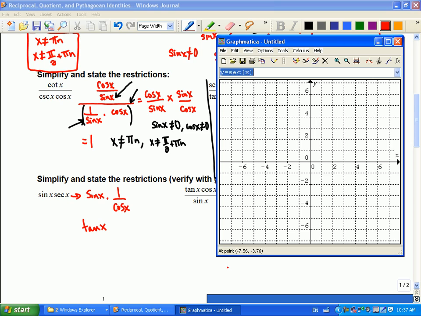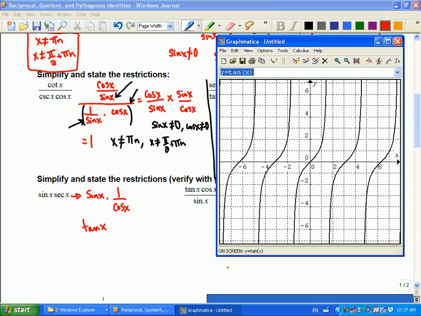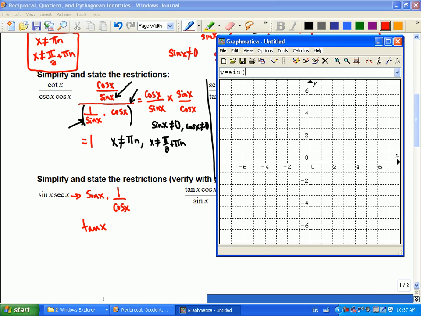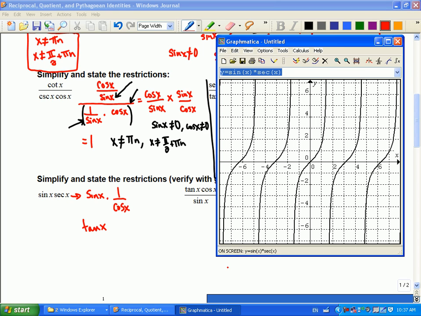So if I wanted to show you the pictures, here's y equals tangent of x, which you should be familiar with. Now I'll show you what the graph was that we changed. Sine of x times secant of x. It's the same one. So even though we're doing these changes, now you can see visually that it does actually make sense. They are equivalent.